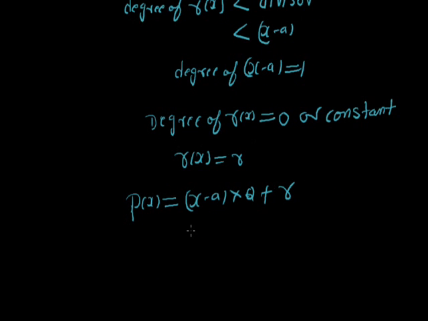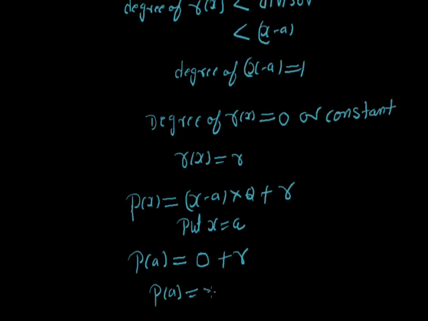Now, in this equation, if we substitute x equal to a in place of x, what is the value of p(a)? The quantity x minus a becomes 0, and 0 multiplied by q is 0, plus the remainder. So we can write p(a) is equal to r.